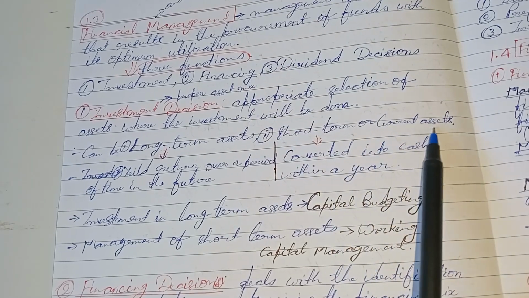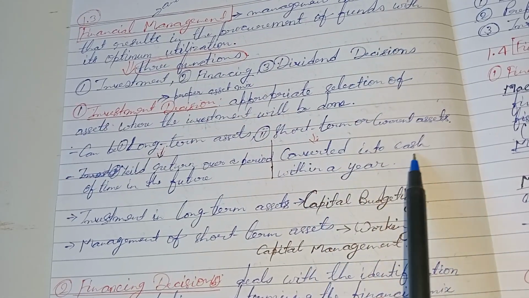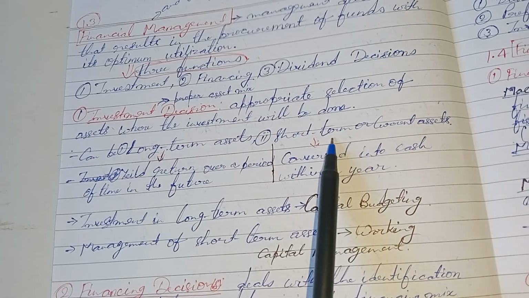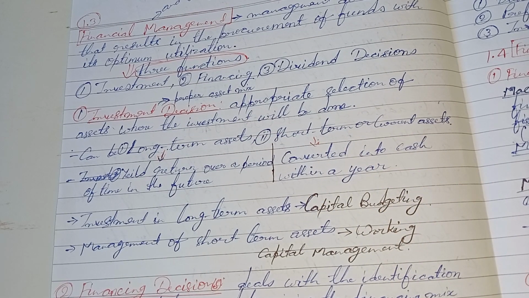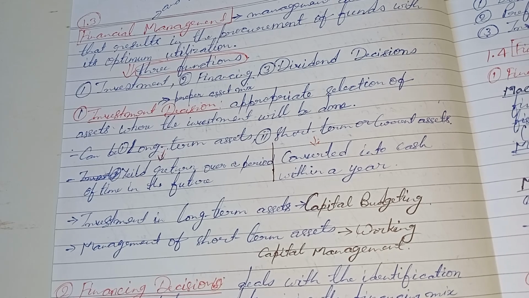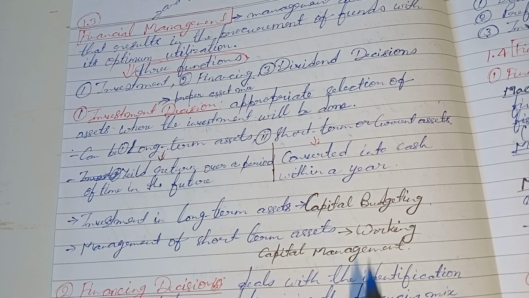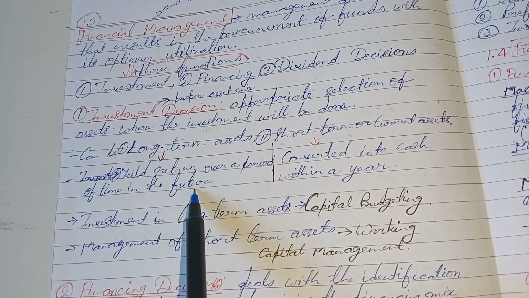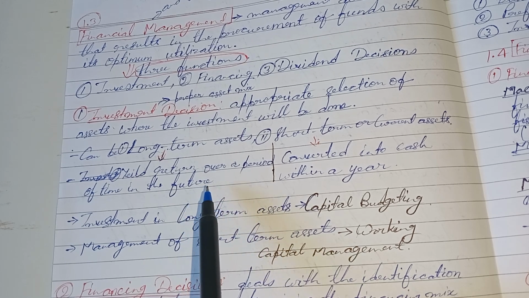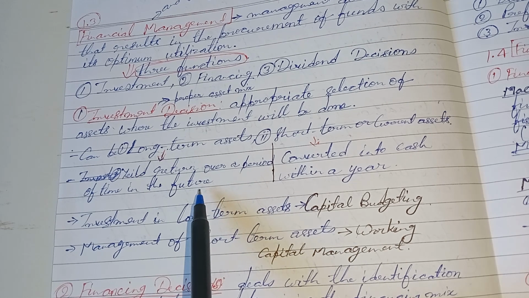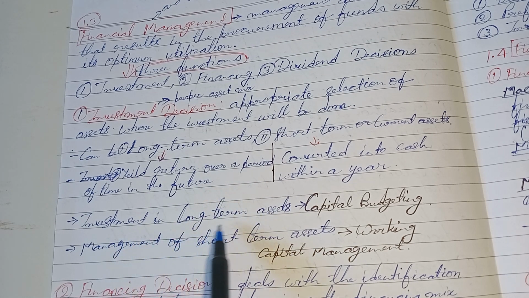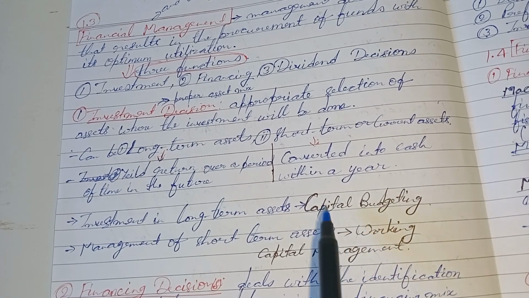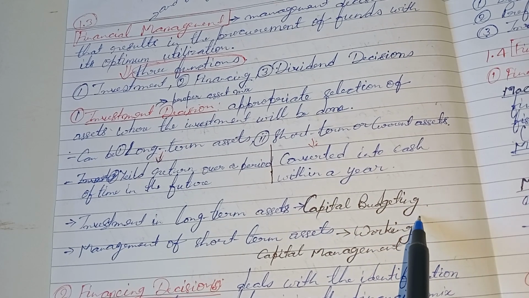And in case of short term or current assets, the return can be converted into cash within a year. But in case of long term assets, the return cannot be converted into cash within a year; it takes more than a year. So investment in long term assets is known as capital budgeting. About capital budgeting we will study later on.